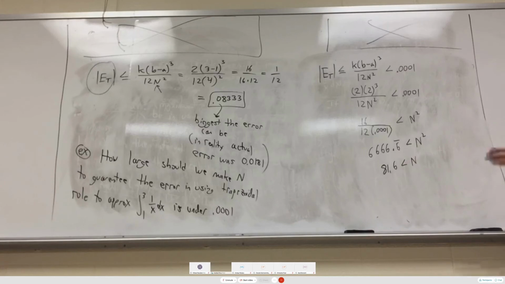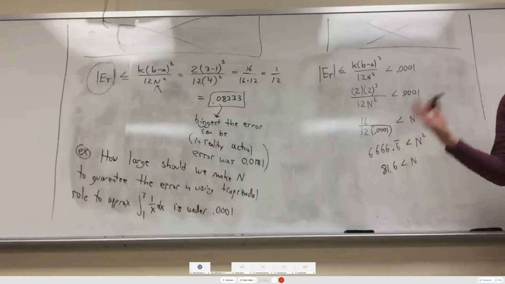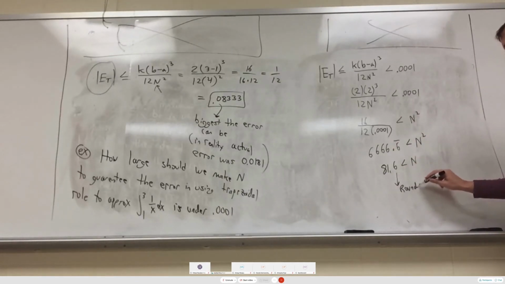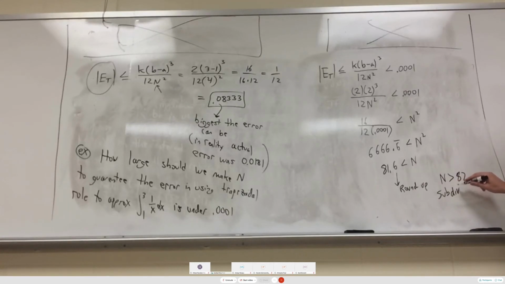So basically I have to do more than 81.6 subdivisions. However, of course, I can't do a tenth of a subdivision. That doesn't make any sense. I either do a subdivision or I don't. So you have to round this number up. So n has to be greater than 82 subdivisions for the desired accuracy.